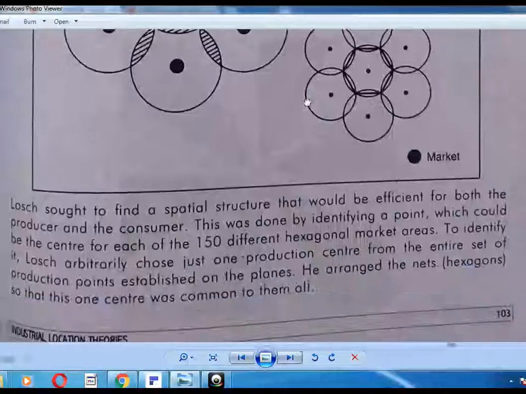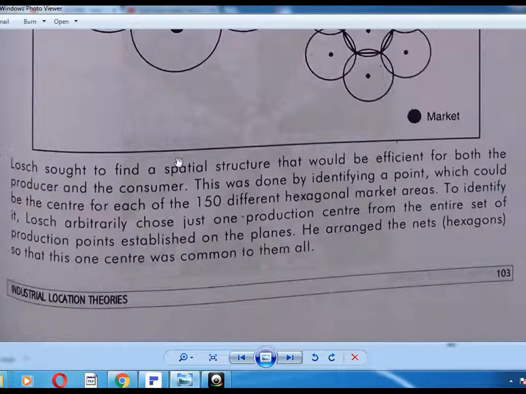Losch sought to find a spatial structure that would be efficient for both the producer and the consumer. This was done by identifying a point which could be the center for each of the 150 different hexagonal market areas. To identify it, Losch arbitrarily chose just one production center from the entire set of production points established on the plane.